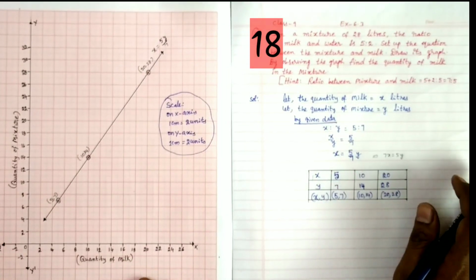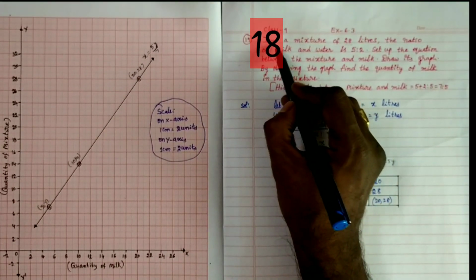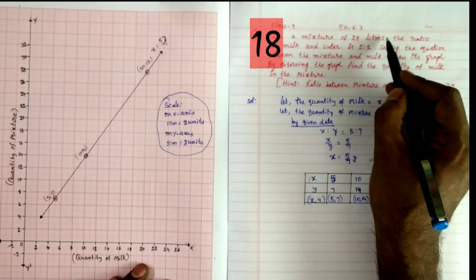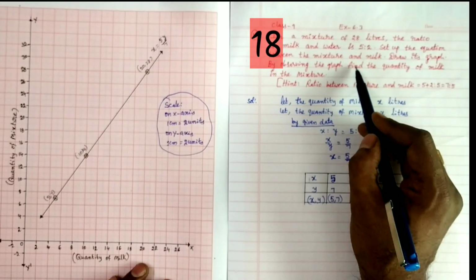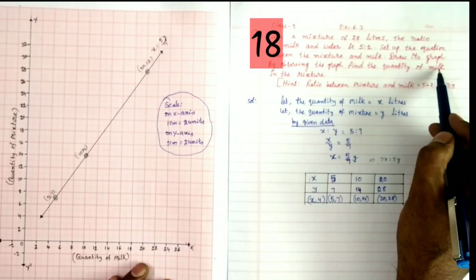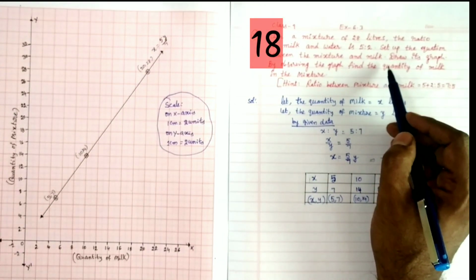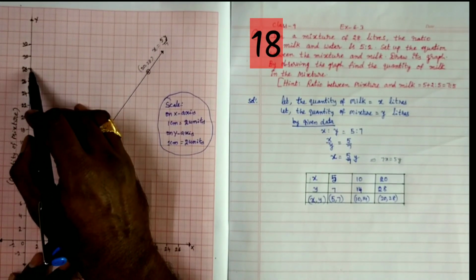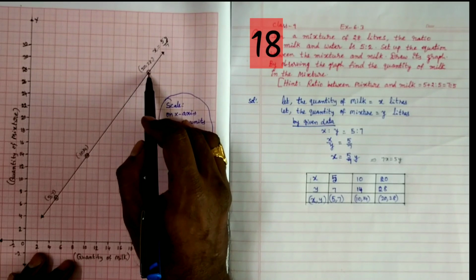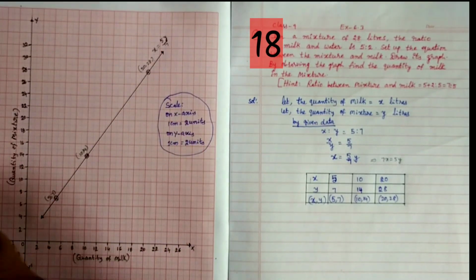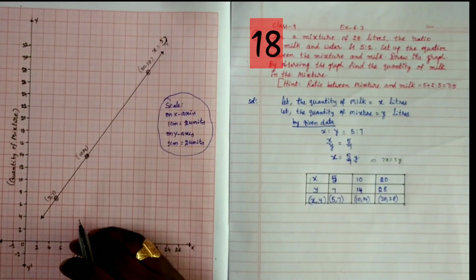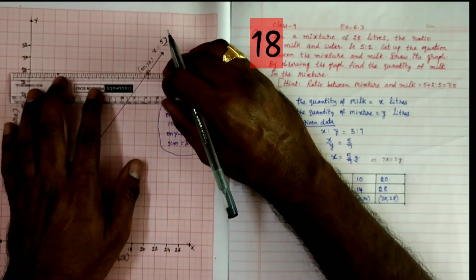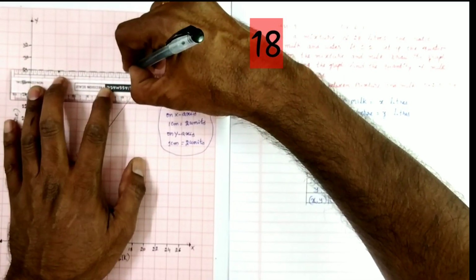And given problem is in a mixture of 28 liters, find the quantity of milk. So mixture is 28 liters, mixture represents y-axis, so mixture 28 liters. So take dotted lines from 28 to the line.